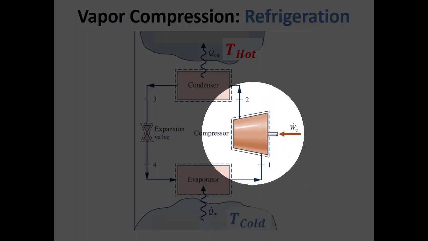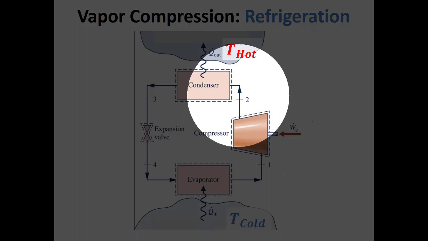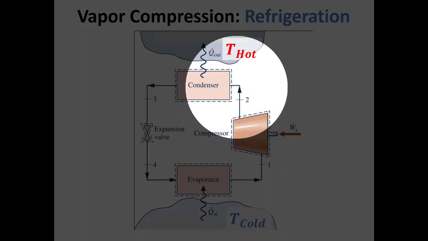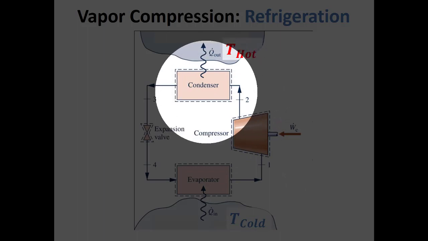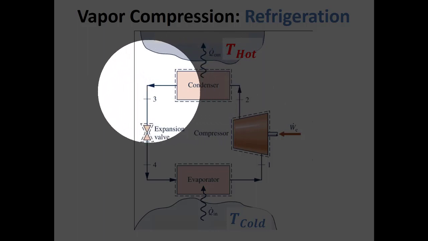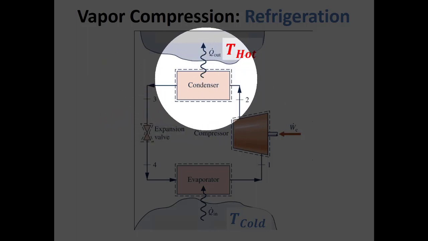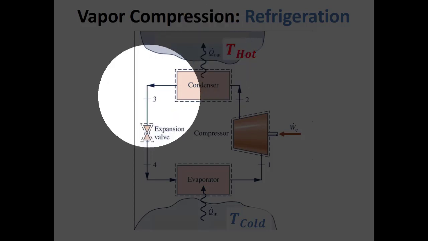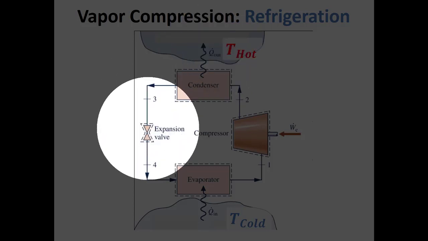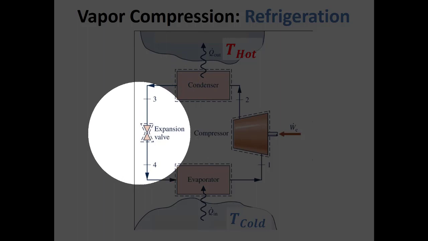Now we're going to run through a compressor to increase the pressure, and now we're going to condense our vapor into liquid as we reject heat from our condenser to our hot reservoir. Now, in a Rankine cycle, if we were really running this as a Rankine cycle in reverse, we would have a turbine here. But we don't have a turbine here.